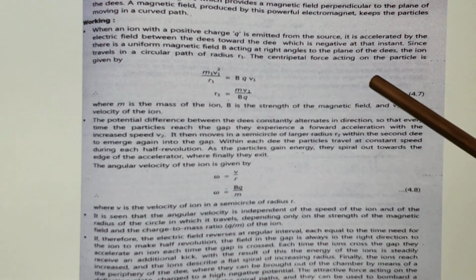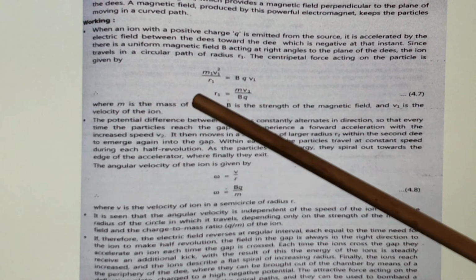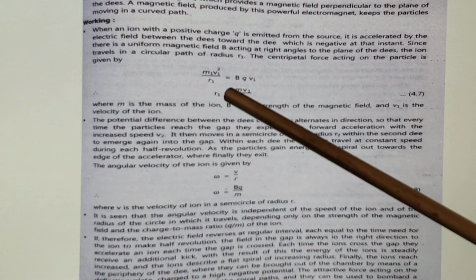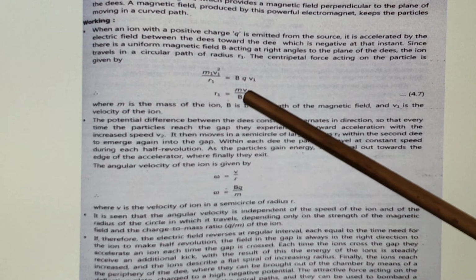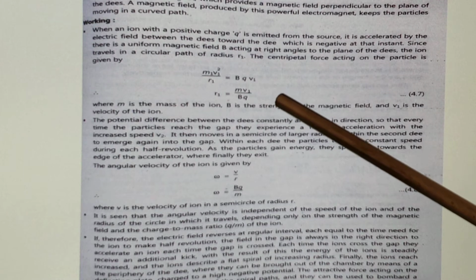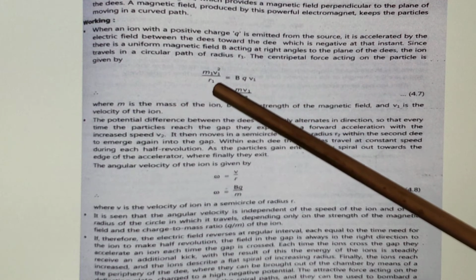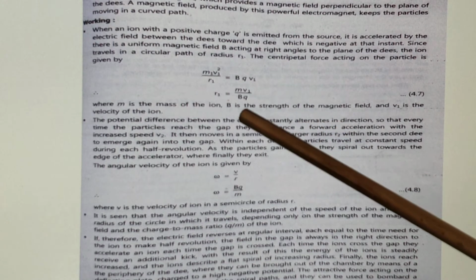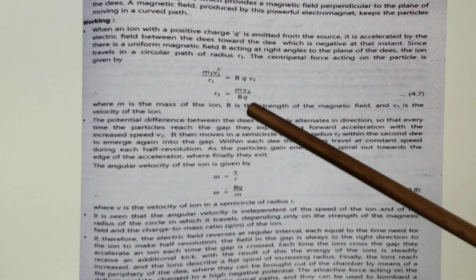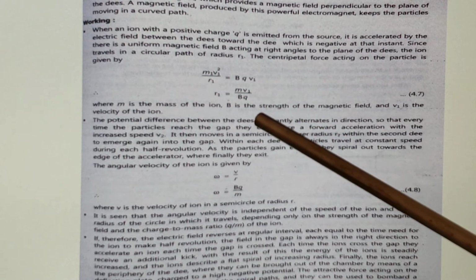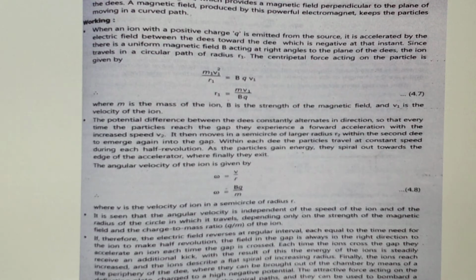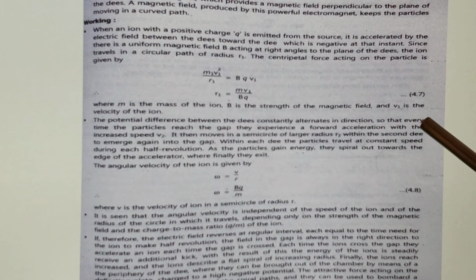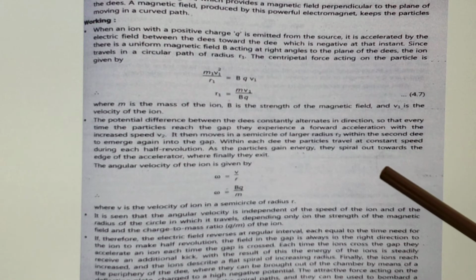The centripetal force acting on the particle is given by m1 v1 square upon r1 equal to B Q v1, where this first is the centripetal force and this is the magnetic force. From this we calculate the radius r1 equal to m v1 upon B Q. Here m is the mass of the ion, B is the strength of the magnetic field and v1 is the velocity of the ion in the first orbit.